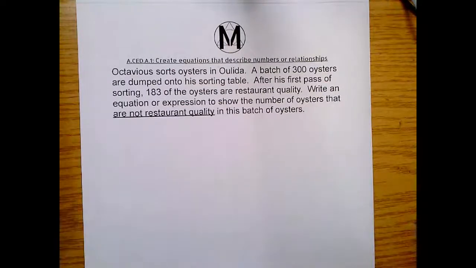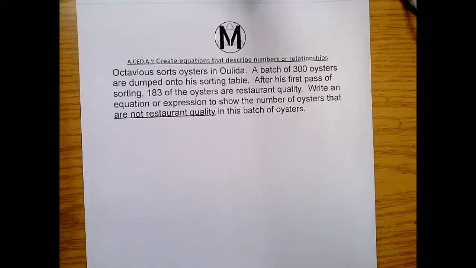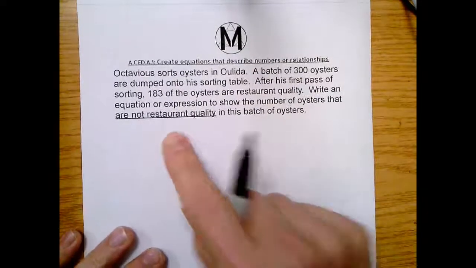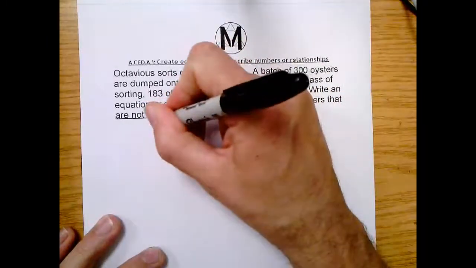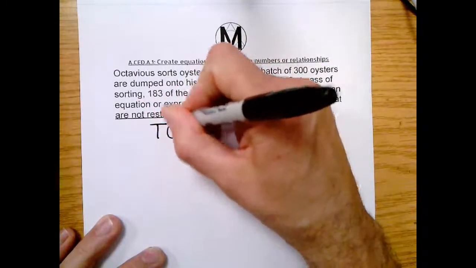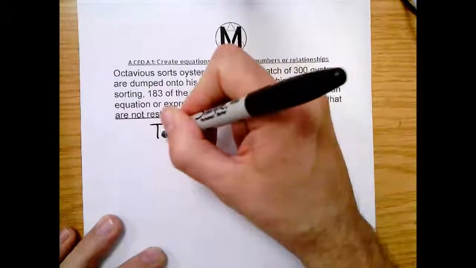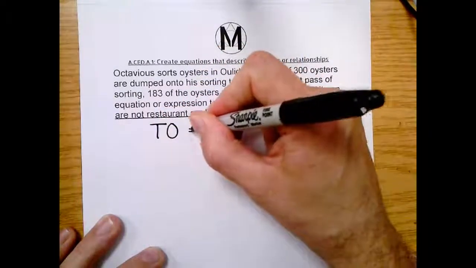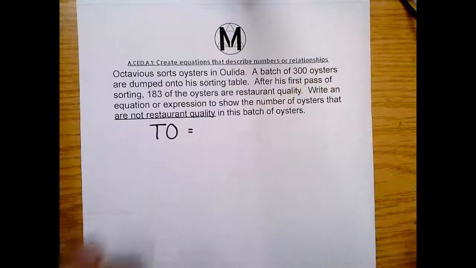Okay, pretty straightforward question. Let's break it down step by step so we can tell this story and see if this makes sense. So when the whole party starts, we have, we'll call it total oysters, T-O, okay? And we know that those total oysters are being broken down into two different categories.